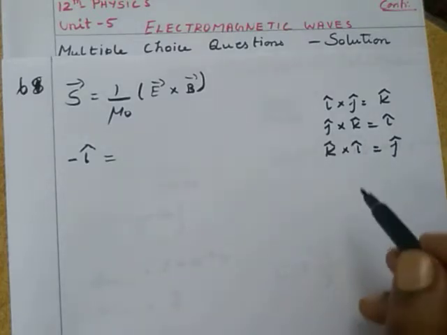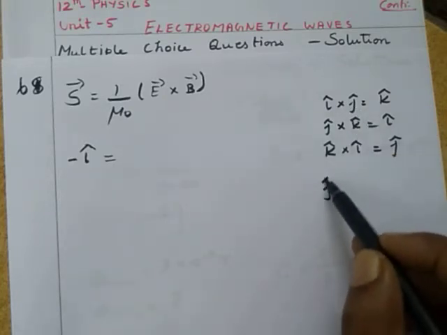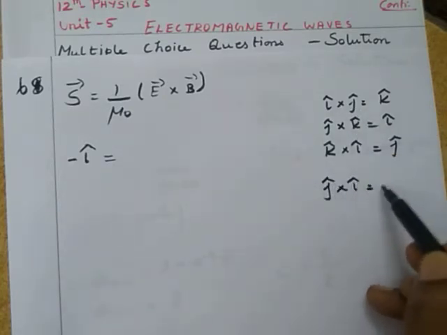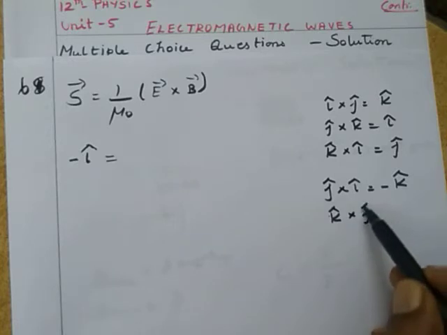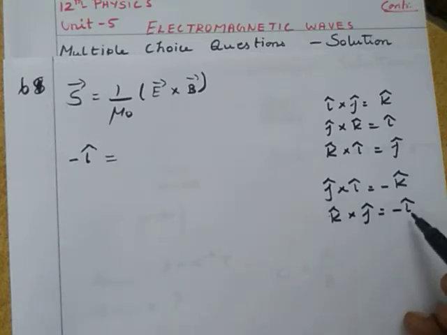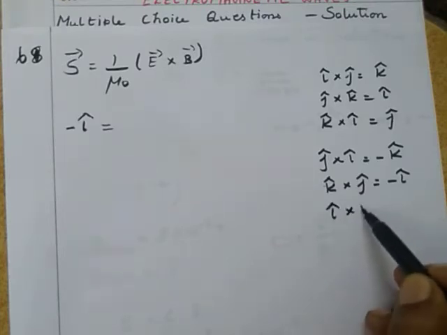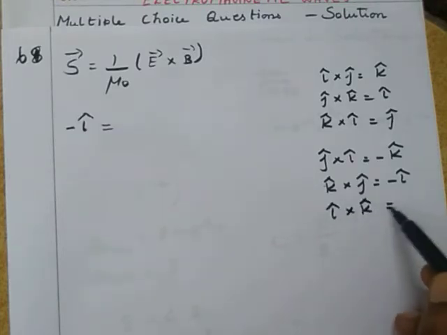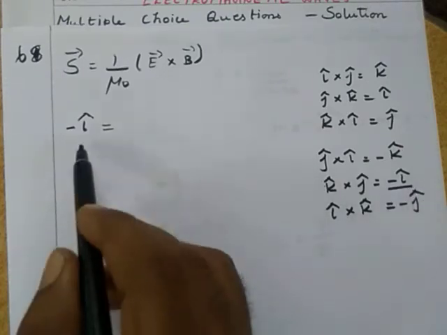And if j cap cross i cap, that is minus k cap; then k cap cross j cap is minus i cap; and the last one, i cap cross k cap, is minus j cap. We are getting the answer minus i cap here, from k cap cross j cap.